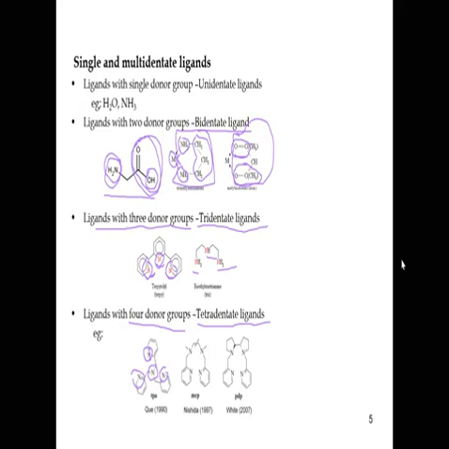Here is one donor site, the other donor site, these donor sites, all together four donor sites. Similarly, this and this one. So those are examples for tetradentate ligands.